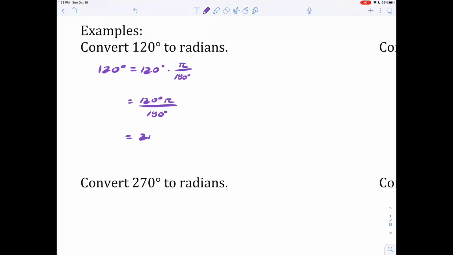That's 2 over 3. So 120 degrees is equal to 2 pi over 3. That's 2 pi over 3 radians, but we don't need to say that at all. Just 2 pi over 3 will be sufficient.